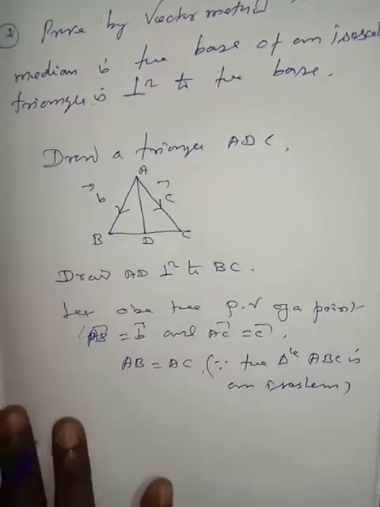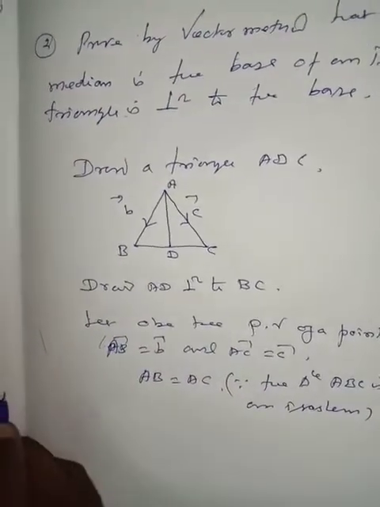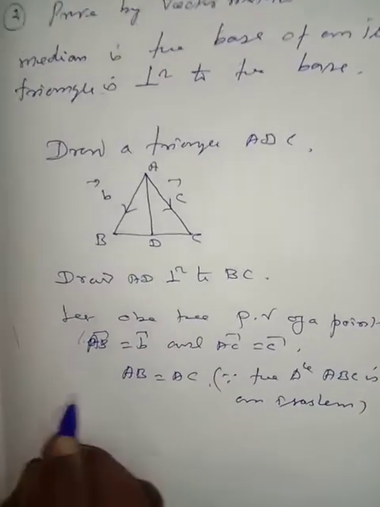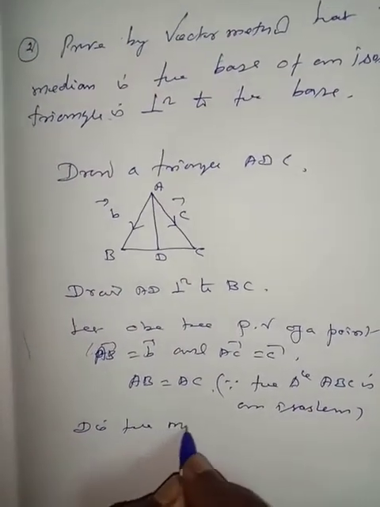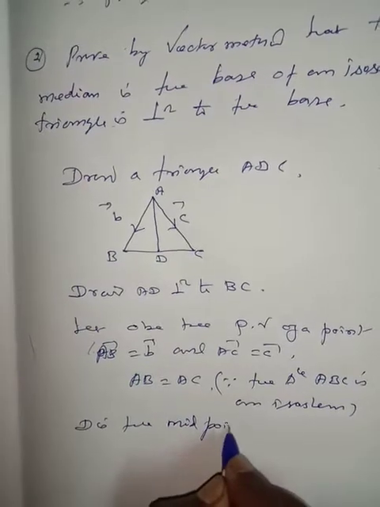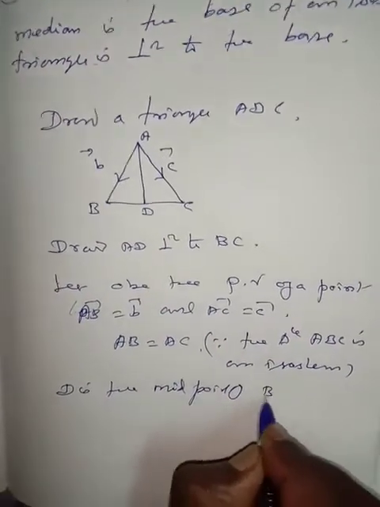Okay. Now D is the midpoint of BC. Draw AD perpendicular to BC means D is the midpoint of BC.